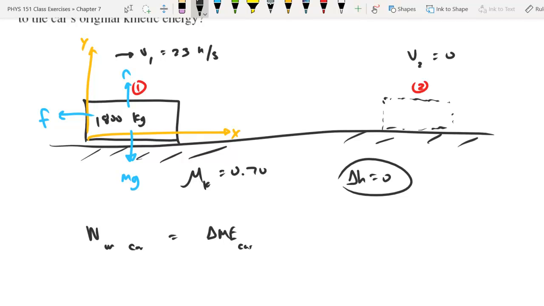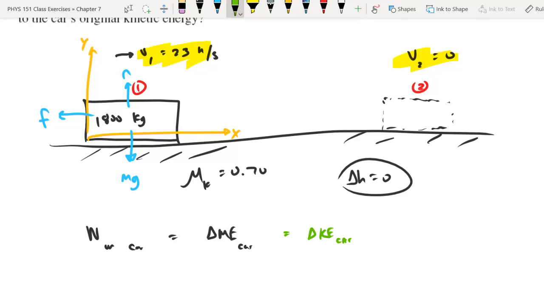The only thing we're going to have a change in is our kinetic energy. We have some speed here and a different speed there, namely 0. So really this boils down to just a change in kinetic energy for this problem, the change in the kinetic energy of the car.